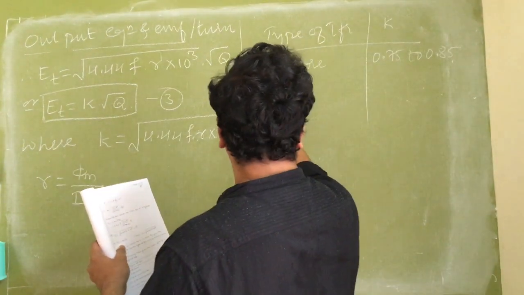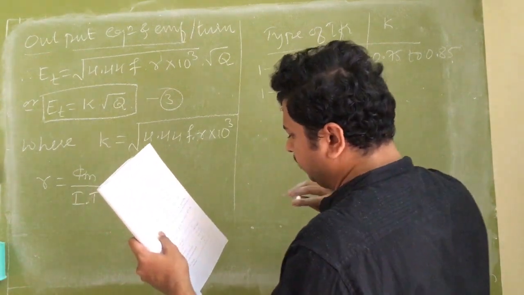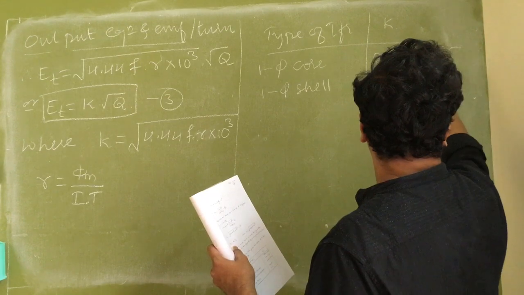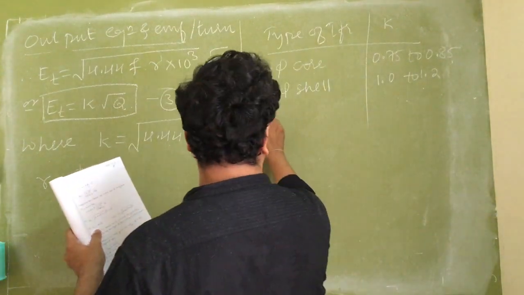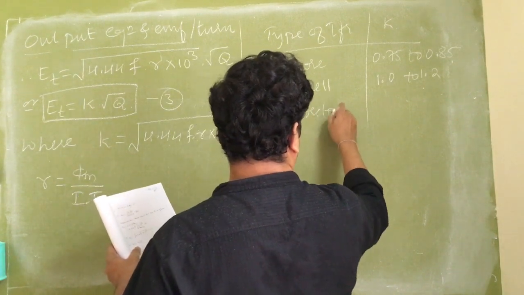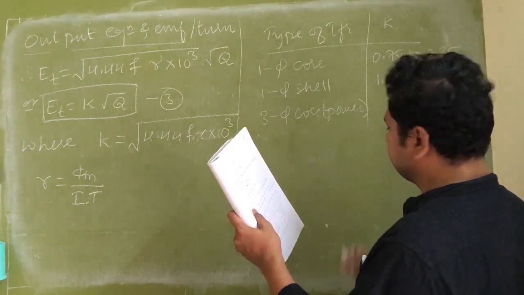Single phase shell type, it is 1.0 to 1.2. For three phase core power transformer, 0.6 to 0.7.